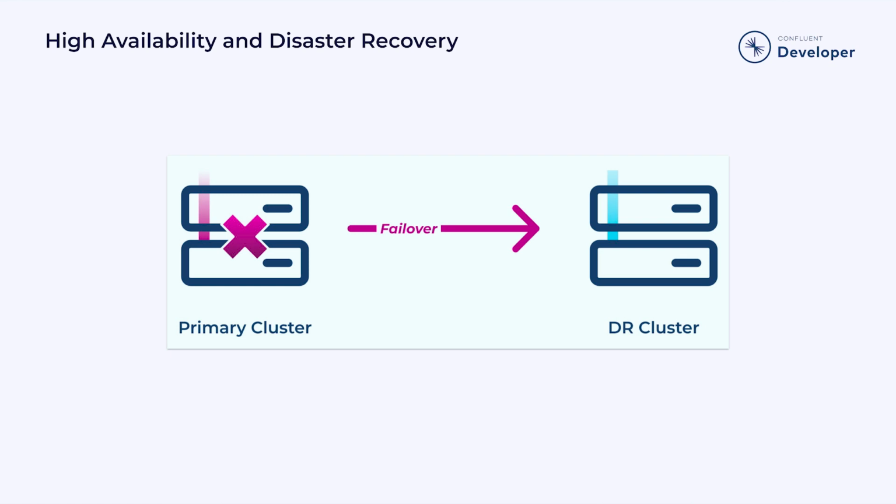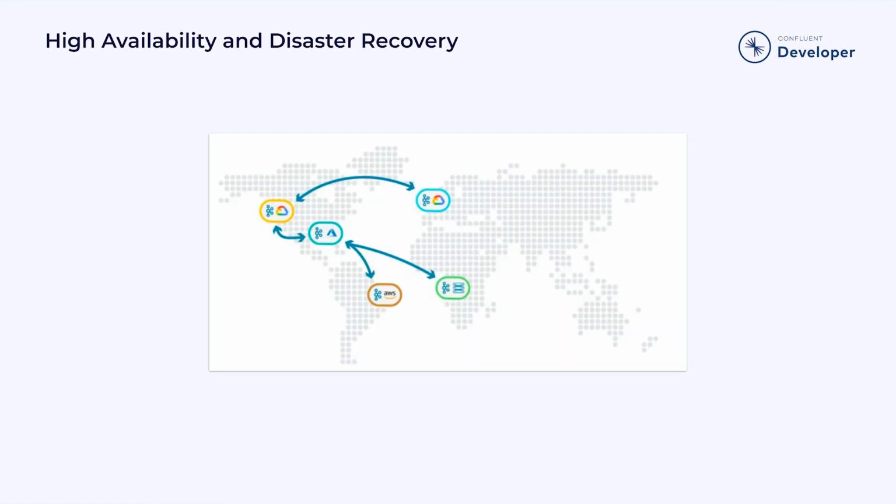Last but not least is high availability and disaster recovery. The goal of this type of cluster is to provide failover should your primary cluster experience an outage or disaster. The more robust your disaster recovery plan is, the faster your business can get back to creating and processing data. A disaster recovery plan often requires multi-data center Apache Kafka deployments, where data centers are geographically dispersed.